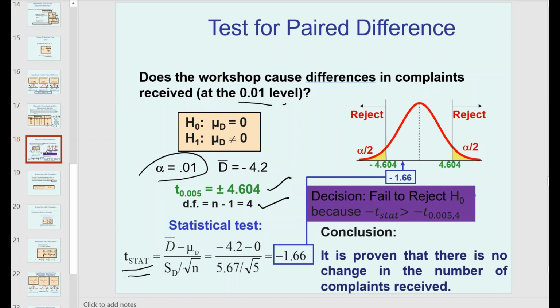So you get a t statistic of negative 1.66. Negative 1.66 falls in the acceptance area, so you do not reject H null. When you fail to reject H null, it means there is no change in the number of complaints received, because no change equals 0.